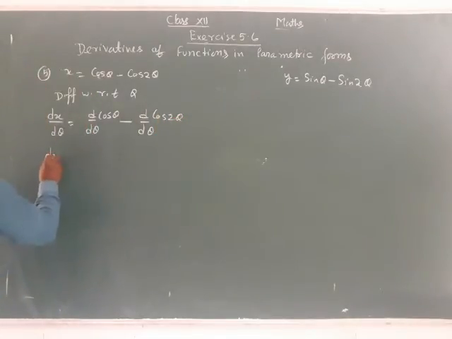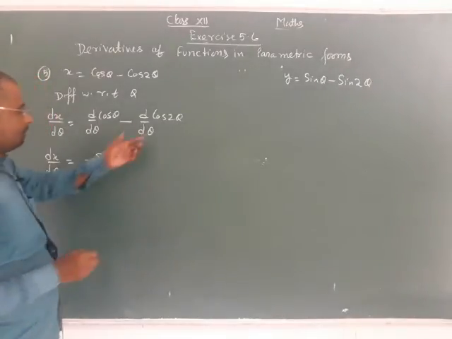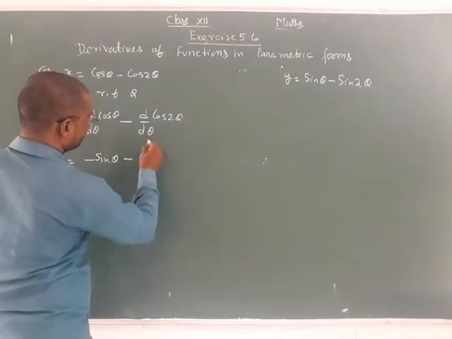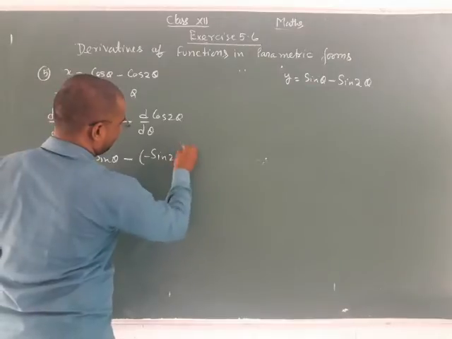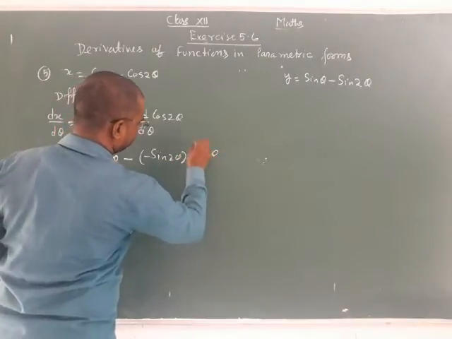So now dx upon d theta is equal to, derivative of cos theta is minus sin theta, and derivative of cos 2 theta is minus sin 2 theta, and also derivative of 2 theta.